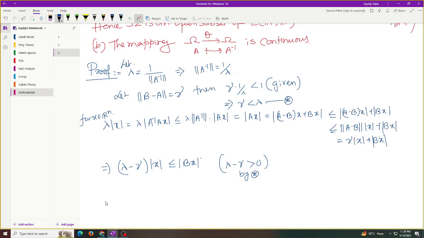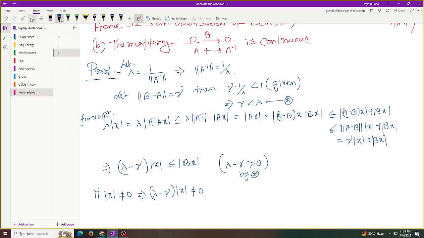So if x is not equal to 0, this is positive and this is also positive, so lambda minus gamma is not equal to 0 because it is positive.